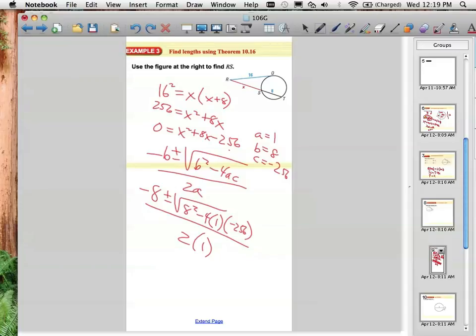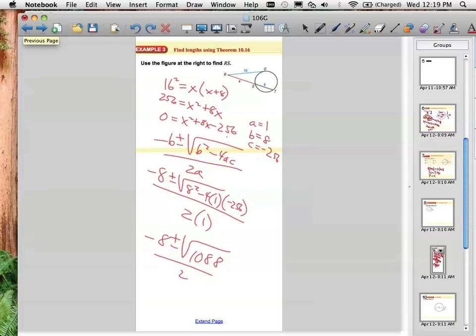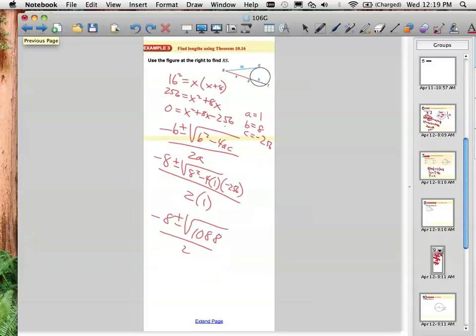So maybe we get minus 8 plus or minus the square root of 1088 all over 2. I would probably not even bother, just give me the decimal. It's like 32.9.